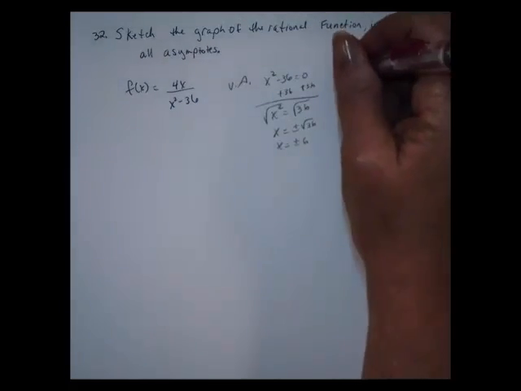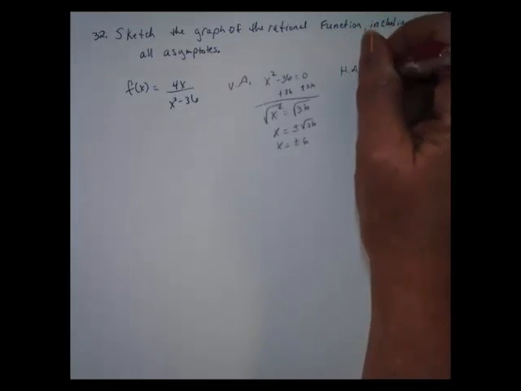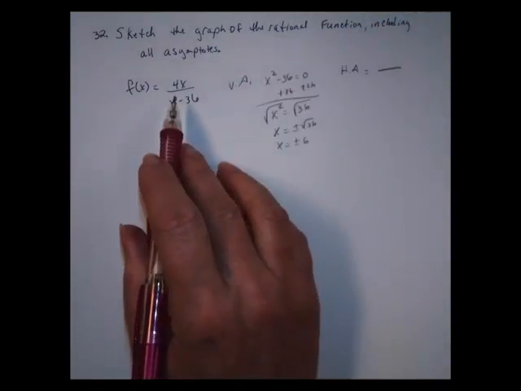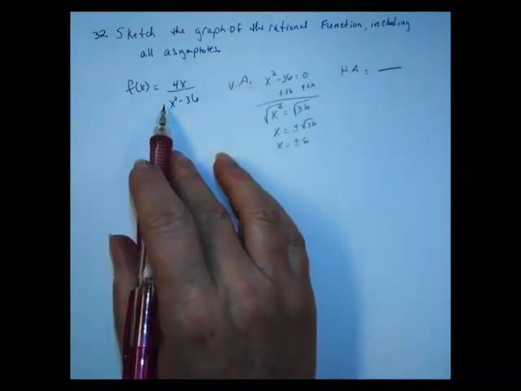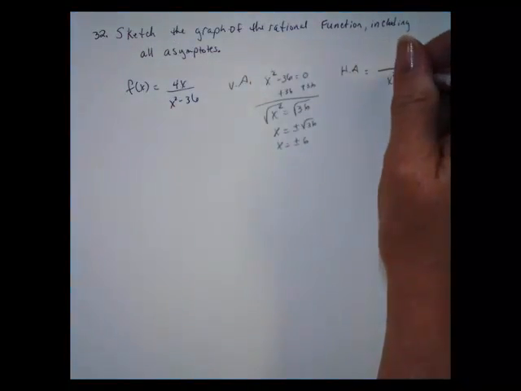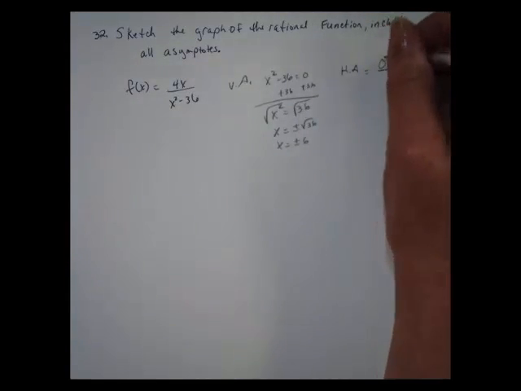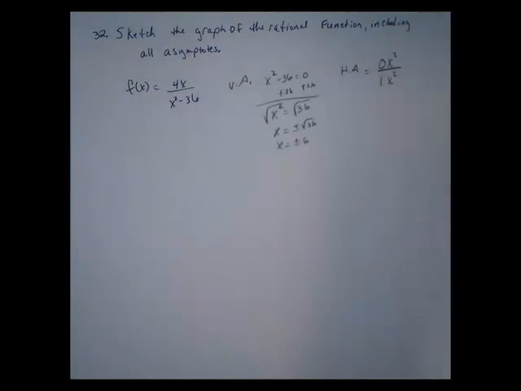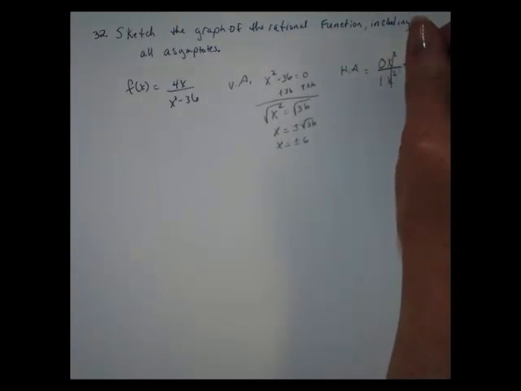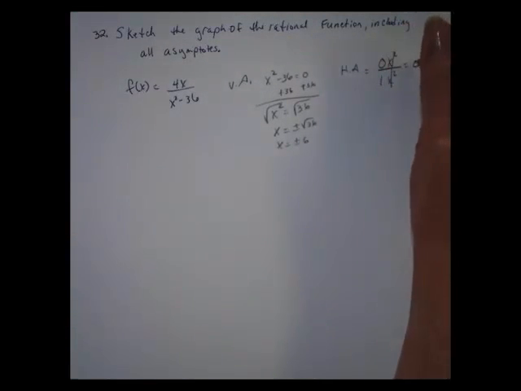On our horizontal asymptote, again, we are looking at matching our degree. So our bottom degree is x squared, and it's bigger than what's on the top. So we have 0x squared on the top, and we have 1x squared on the bottom. So this will get us 0 divided by 1, which is 0.